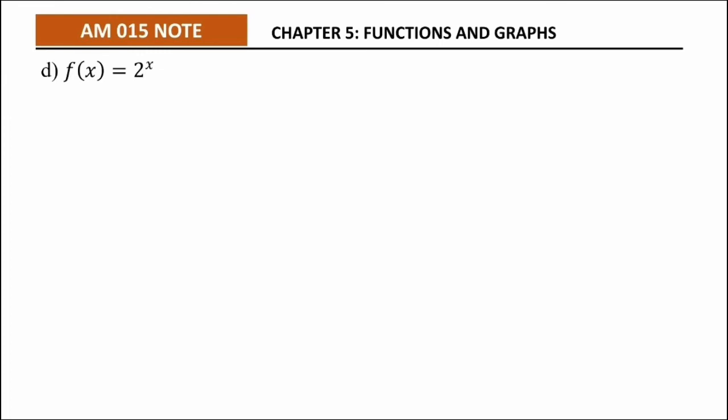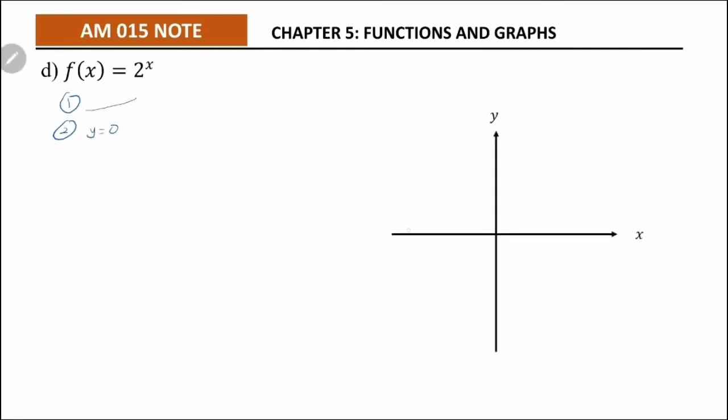D, f(x) = 2^x. The shape of the graph is from negative x to positive x, going up. Second, the asymptote. Since the constant is 0, the asymptote is at y = 0. Then sketch the graph. The asymptote is at y = 0, and the graph goes from negative x toward positive.